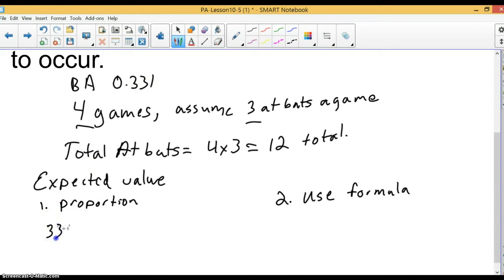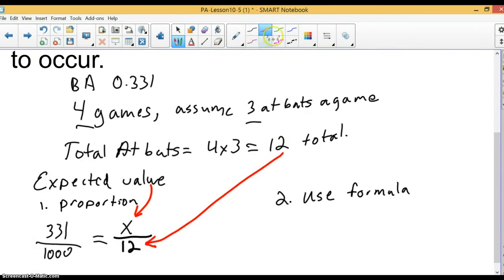So we have 331 for every 1,000 attempts. And we set that equal to whatever we think is going to happen, so our expected value, x, over our total, 12. So our total is coming down on the bottom. And then we solve.